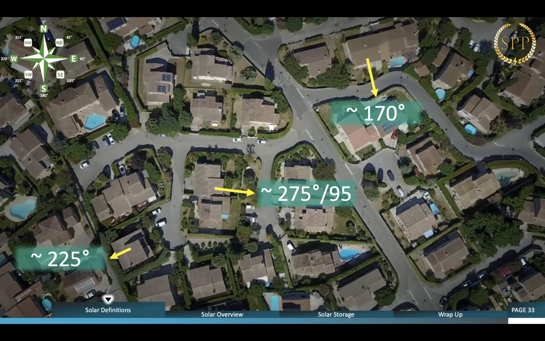Why is that? It's because the direction of the panels directly impacts the production. The more direct sunlight that is on the panels, the more energy they will produce. So you need less equipment to do the same thing that your guys' system would do.